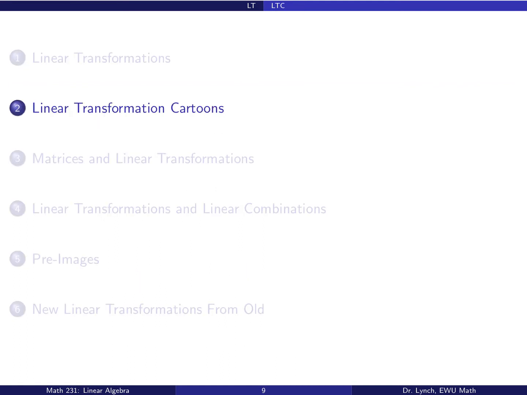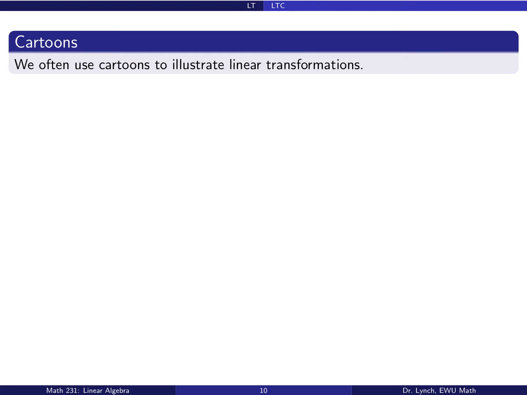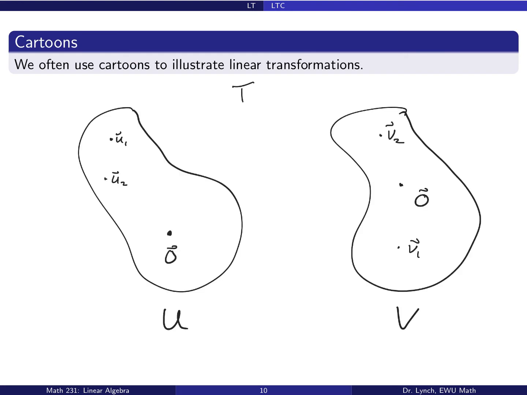Let's talk for a second about cartoons. We often represent these linear transformations with cartoons. So here's what I mean by that. U and V are both vector spaces, therefore they both have a zero vector. We know that the zero vector in the domain always maps to the zero vector in the codomain. It might be the case that the image of this vector u1 is some vector v1 in the codomain.